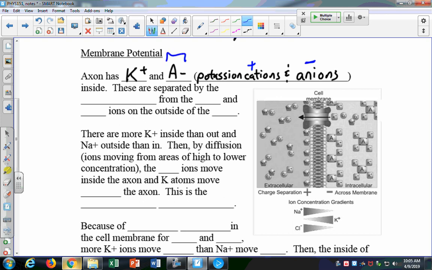And this is just a general term. It's not a particular element. I mean, there is no element that's A up there. It's just a generic term for any sort of anion. And there are different types of molecules that are negatively charged. These are separated by the cell membrane.